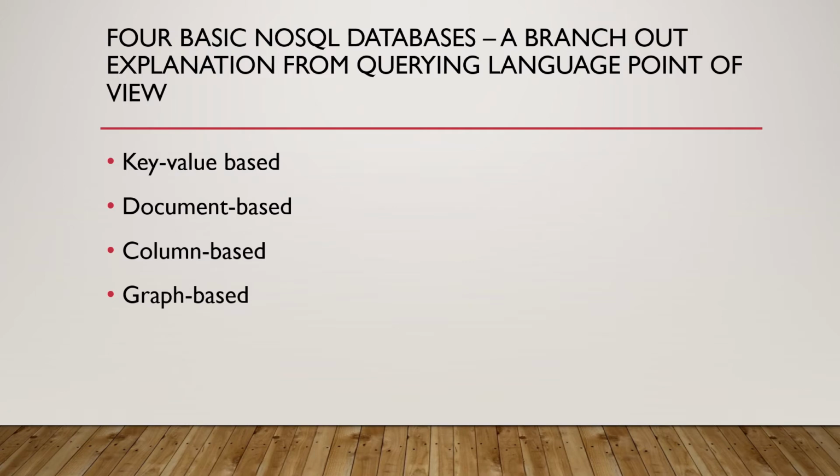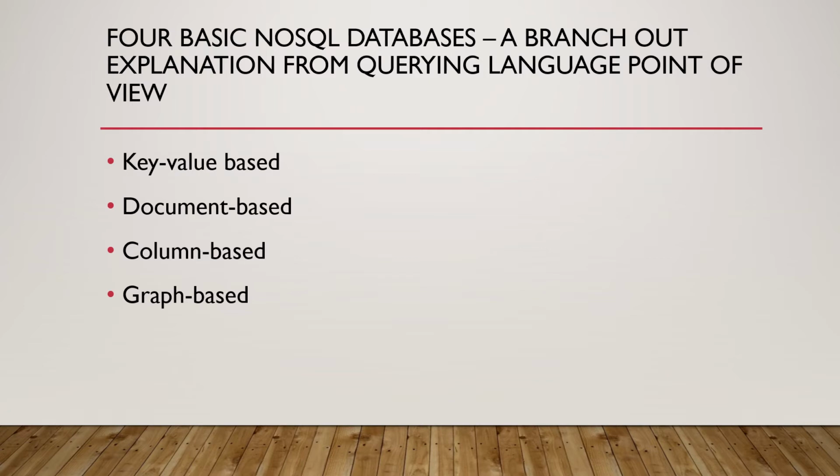So the four basic NoSQL databases: anything that is key value based can be accessed through NoSQL, and anything document based, that's typically semi-structured data, we can access through NoSQL. Anything that is column based, because the columnar database is stored in a key value based approach, can also use NoSQL.